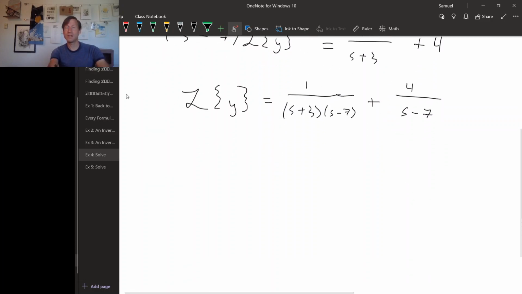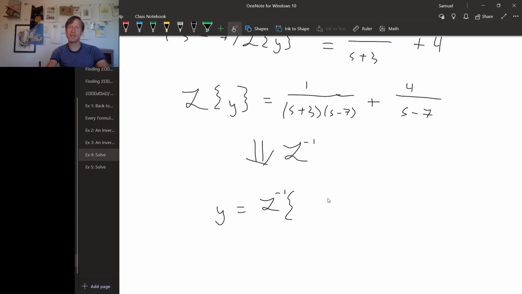All right, now that we have solved for the Laplace transform of y, we need to do the inverse Laplace transform. So on the left-hand side, we just get y. On the right-hand side, we're going to need to do some partial fractions here. So for now, I'll just write the inverse Laplace transform of 1 over (s plus 3) times (s minus 7), plus 4 times the inverse transform of 1 over s minus 7.